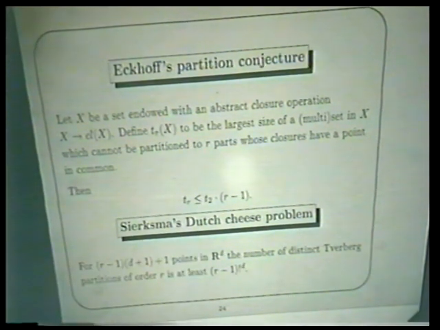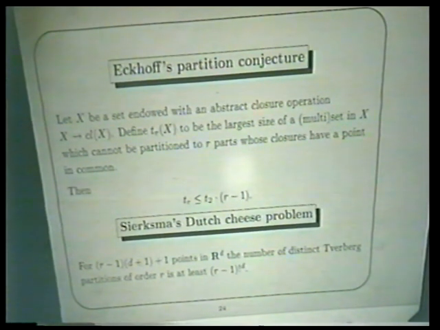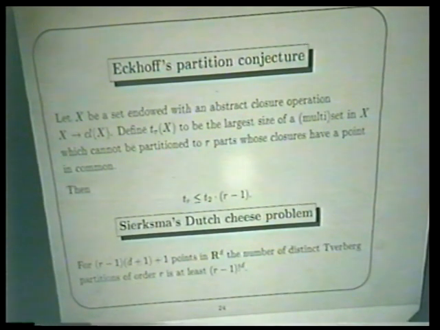Is it true that for any abstract closure operator, if you define the Tverberg number and the Radon number, you have this relation? So just by words, it asks, does Tverberg's theorem follow purely combinatorially from Radon's theorem? And for years, he struggled with anybody who tried to call it the Eckhoff conjecture. He said, I didn't think about it enough to call it a conjecture.